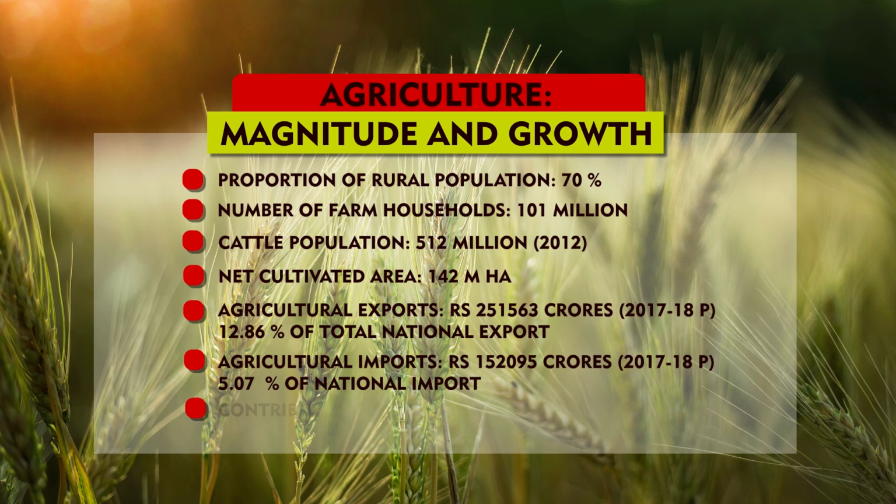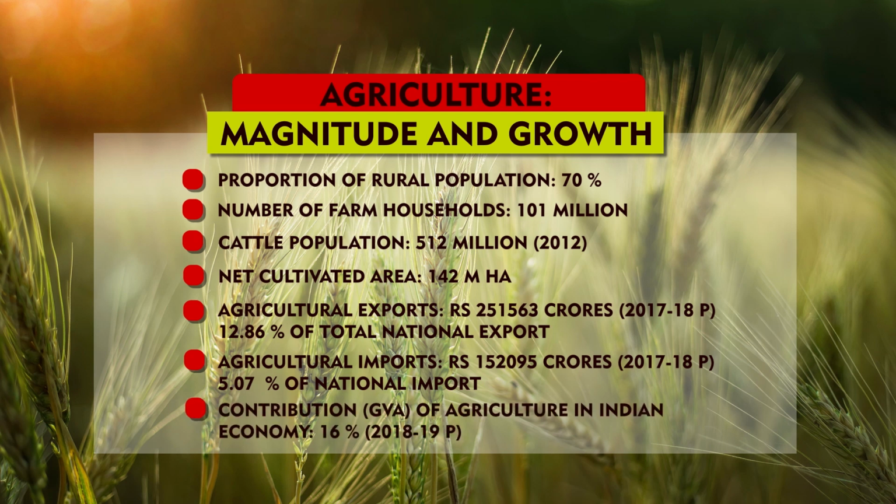So agriculture is a very big contributor to the national exports of our country, and the agriculture sector contributes around 16% of the gross value added of our Indian economy in the year 2018-19. So it is a very big sector, with around 16% contribution to our gross domestic product.